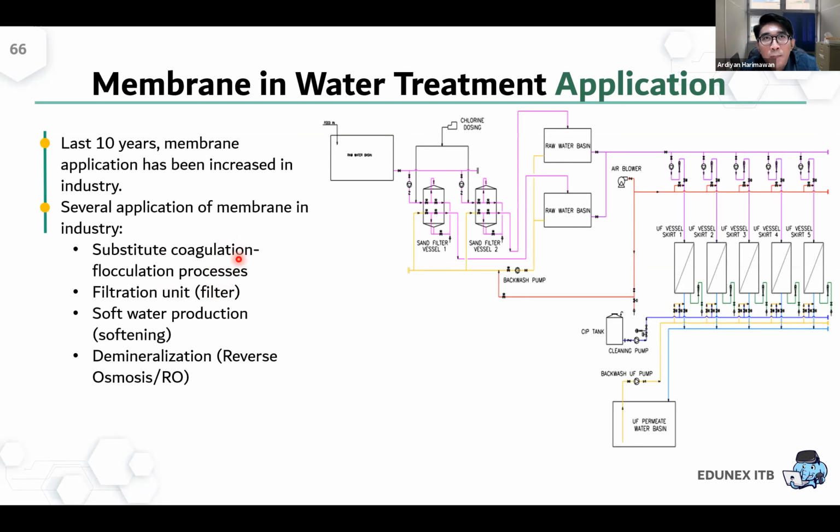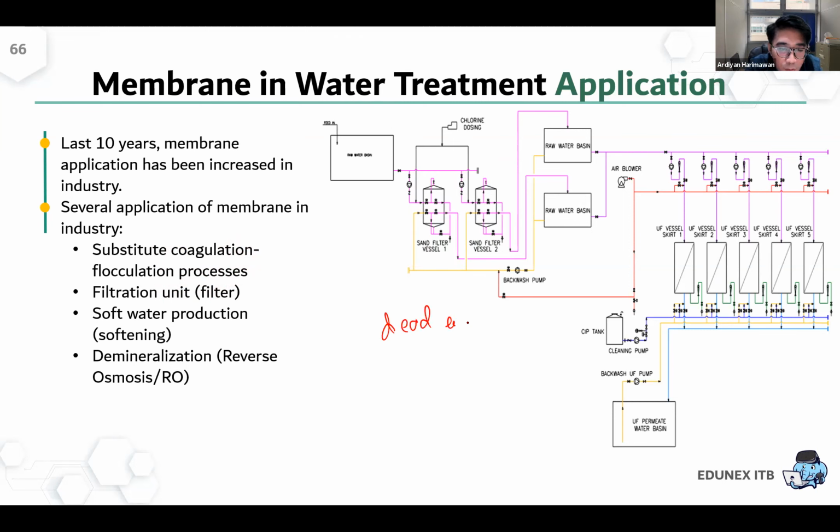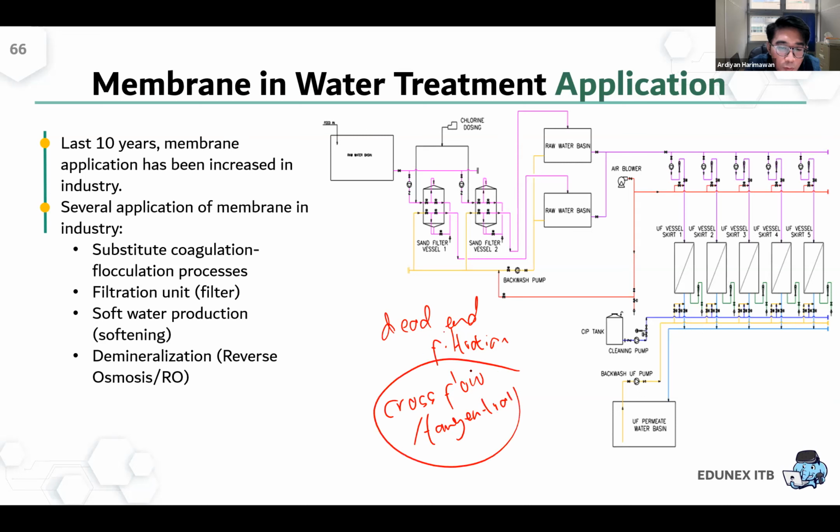Membrane is basically similar to filtration. I think you still remember, one is dead end filtration, right? The one with the filter is the dead end filtration. If you are using the membrane, it will be cross flow or tangential filtration. What will be the benefit of tangential filtration?